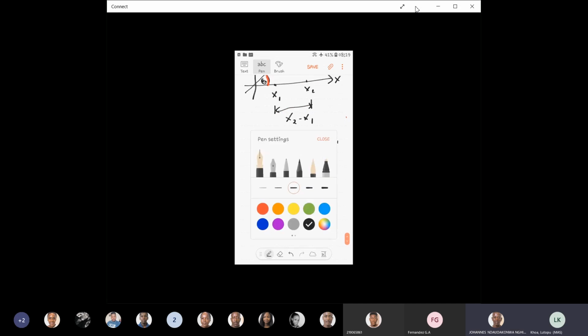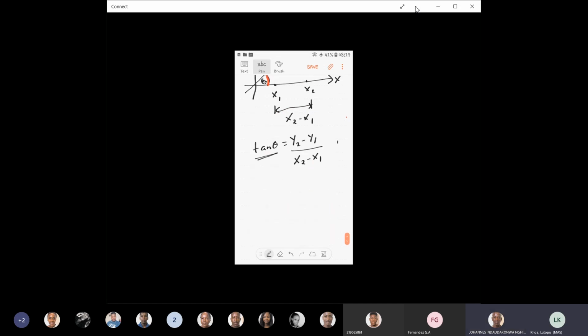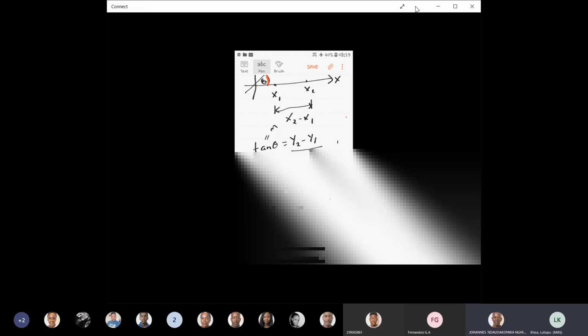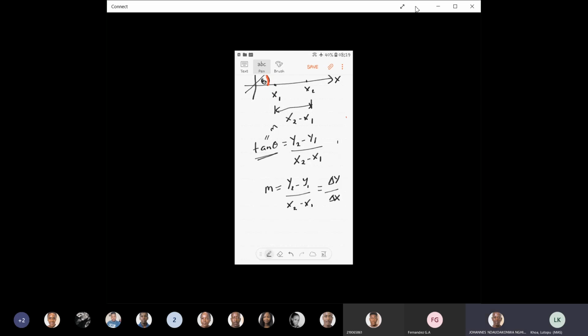So remember I said tan of theta is our gradient, m. So m is equal to y2 minus y1 over x2 minus x1. Sometimes we write delta y over delta x. Delta just means the difference. So the difference in the y coordinates divided by the difference in the x coordinates. Okay, so that's where the formula comes from.